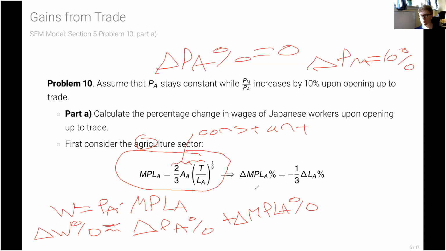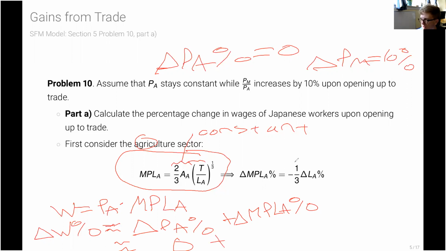So now hopefully you can see why we went back to the marginal product of labor for agriculture, because we're going to need to figure out how much MPLA is going to change by in order to figure out how much wages change by. Well, recall that I said that PA stays constant, and so we know that this term here is just equal to 0.